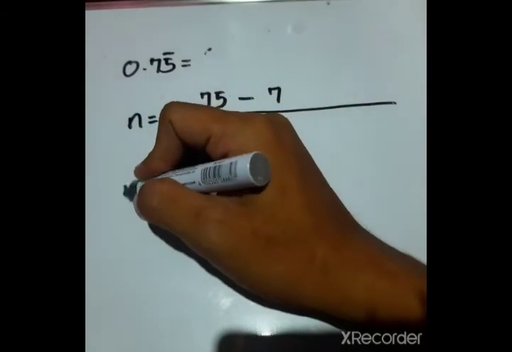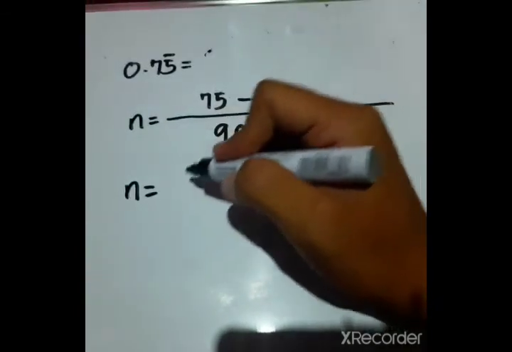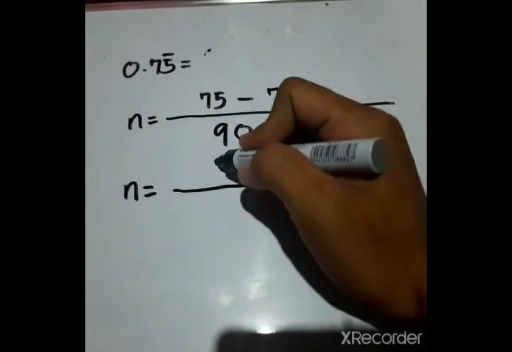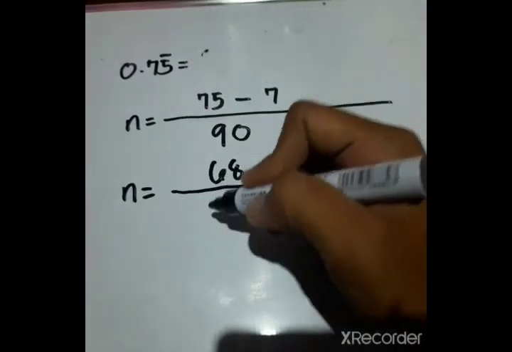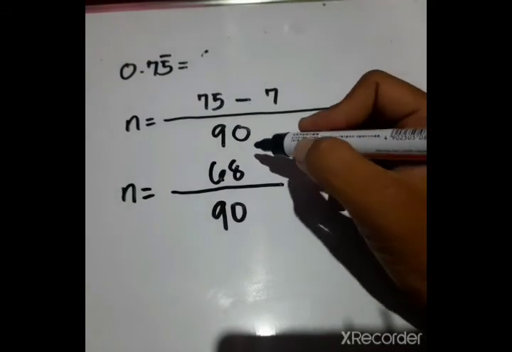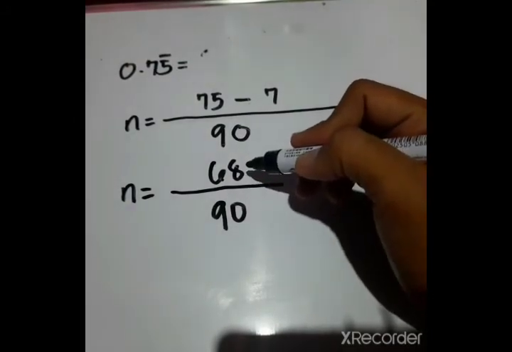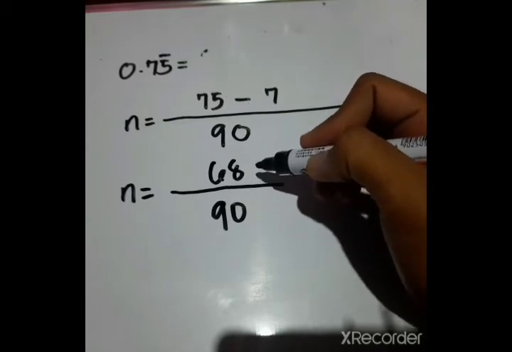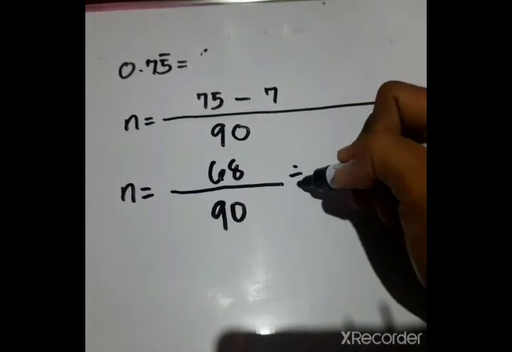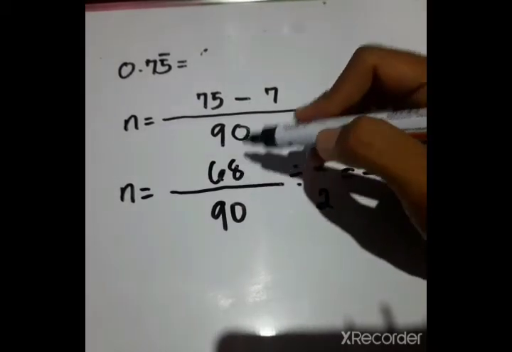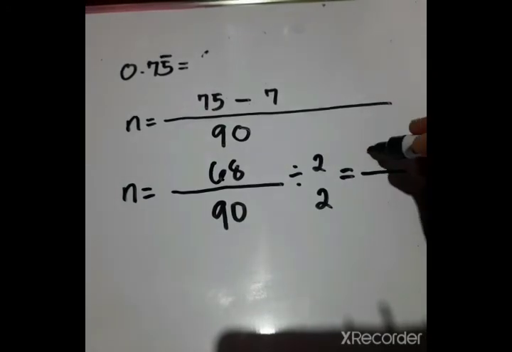So we have n is equal to 75 minus 7 is equal to 68. We will just copy the denominator. Now in a fraction, always simplify it. So we will look for the GCF or greatest common factor of 68 and 90, which is 2. Therefore, we will simplify them by dividing by 2. 68 divided by 2 is equal to 34.